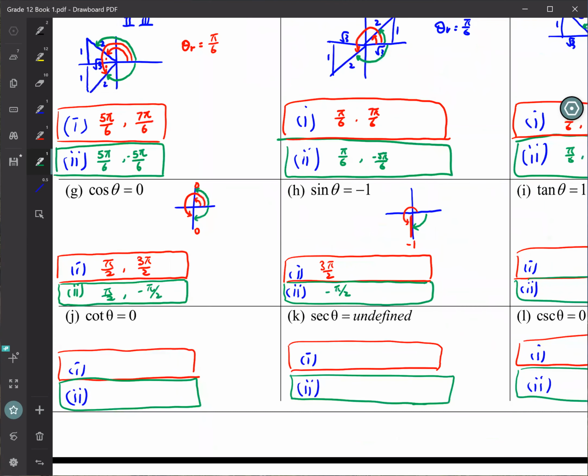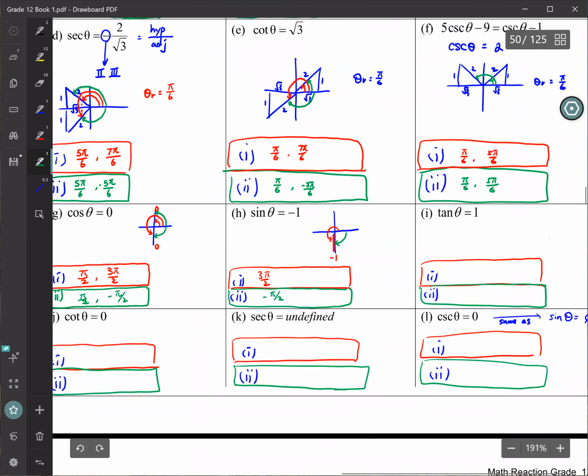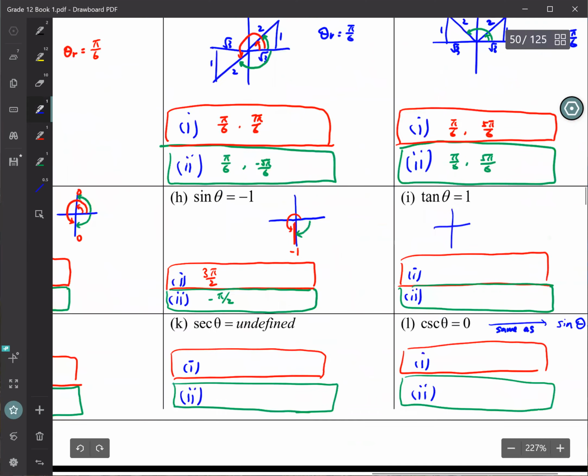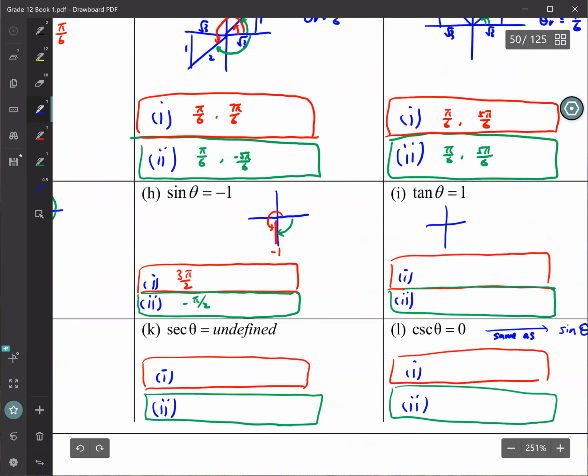Okay, tangent equal to -1. Where is tangent equal to -1, William? Quadrant 1 and 3. Yeah, so this one is a trick question. I threw this in so that you think it's on the axis, right?